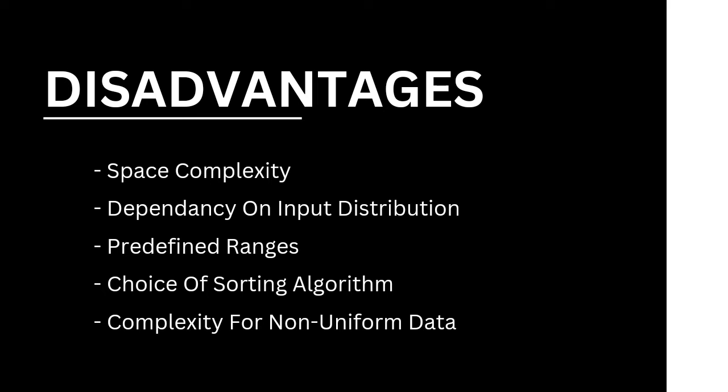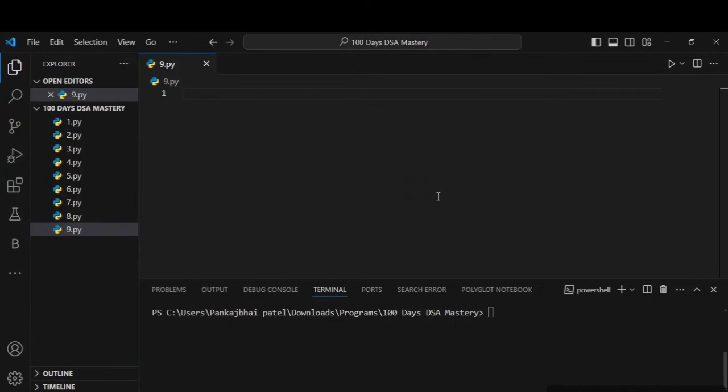This is a problem with most algorithms, but this one is kind of better. So these are the advantages, disadvantages, and the steps of performing the bucket sort algorithm. Let's actually implement it on our coding screen so you can understand better how we do this.